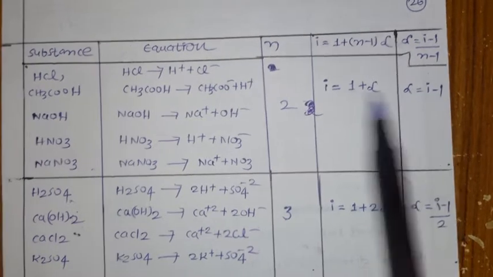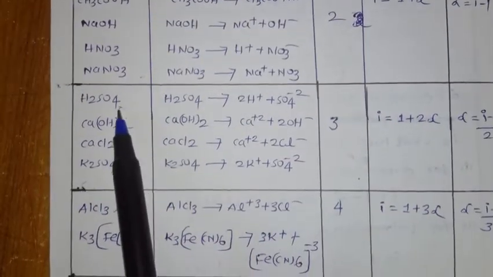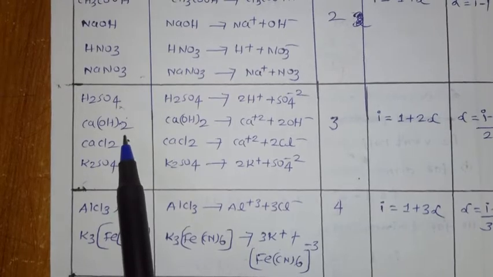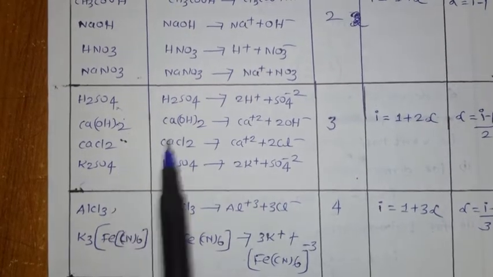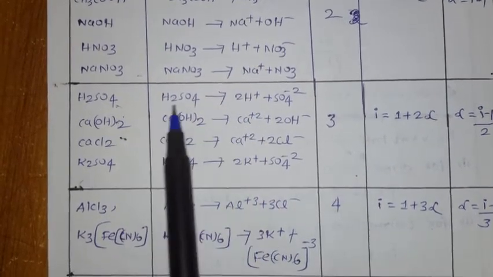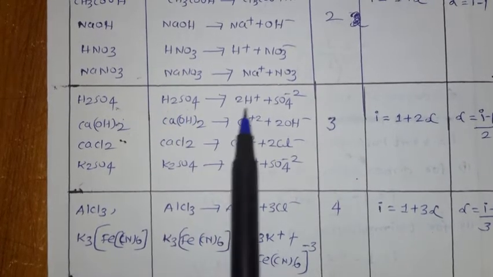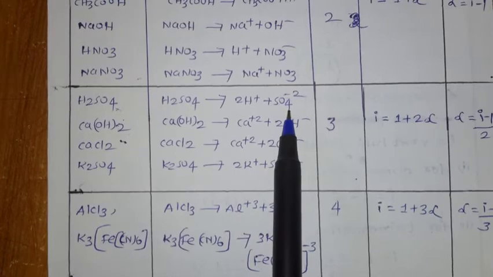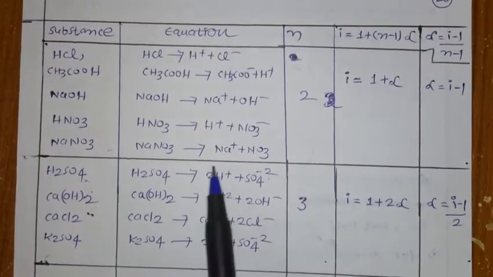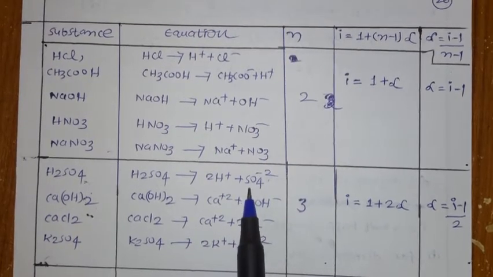Now in the next case we have sulfuric acid, calcium hydroxide, calcium chloride, potassium sulfate. H2SO4 on ionization gives 2H+ and SO4 2-, so the number of particles is 3: 2H+ and 1 sulfate. Calcium hydroxide also gives 3: 1 calcium and 2OH-. Calcium chloride gives calcium plus 2Cl-, so 3. Potassium sulfate gives 2 potassium and sulfate, so 3.